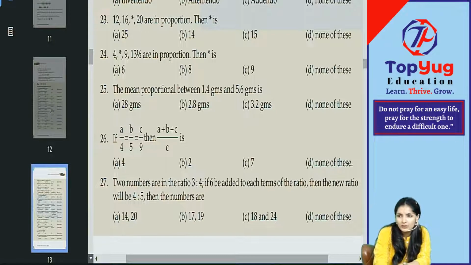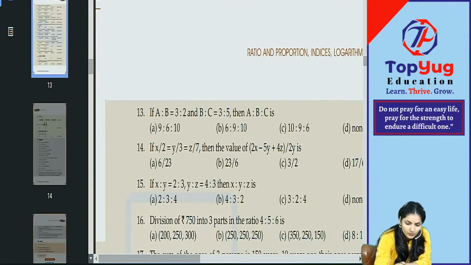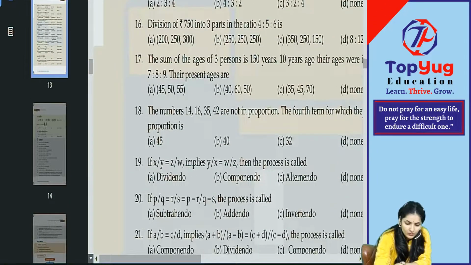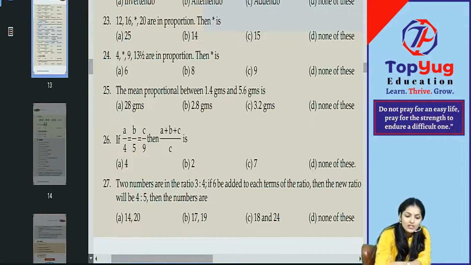27 by 2 you can take. What is the answer? 6.